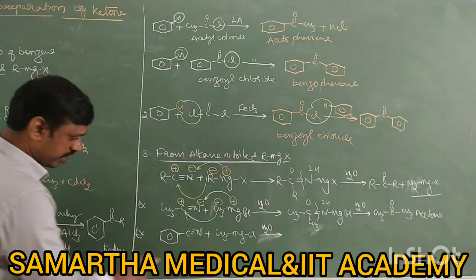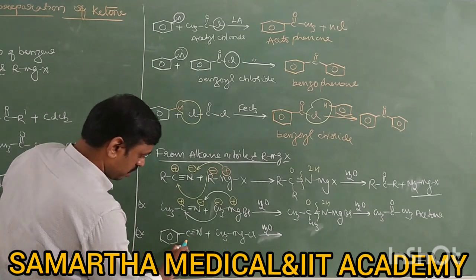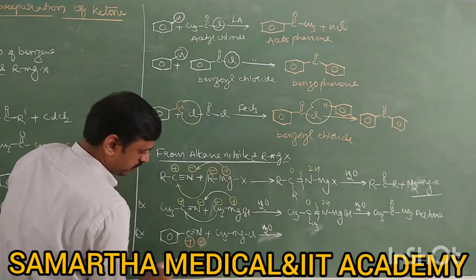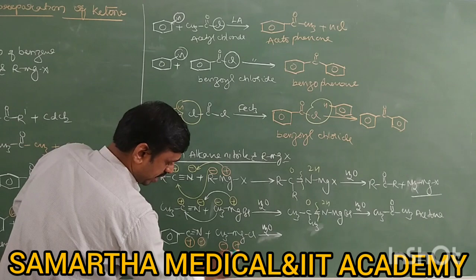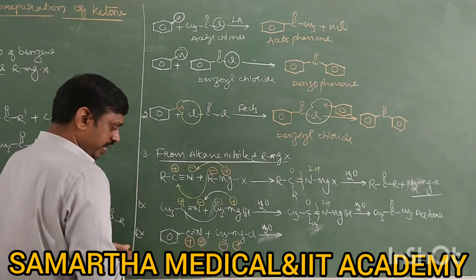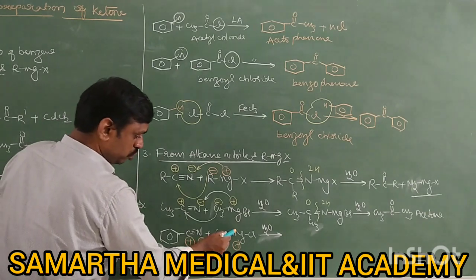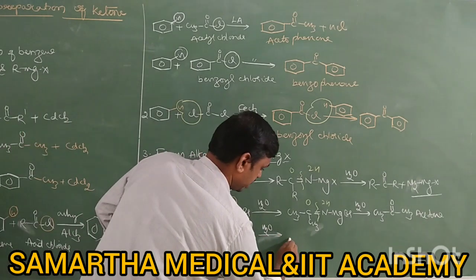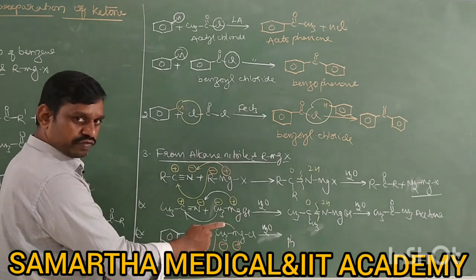Then the last reaction is also the same. Carbon is positive, nitrogen is negative. Here carbon is negative, magnesium is positive. Therefore negative is added to positive, positive is added to negative. The intermediate is, I will write Ph for the benzene ring, the phenyl ring.